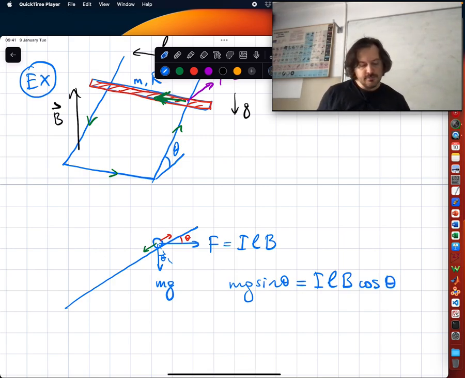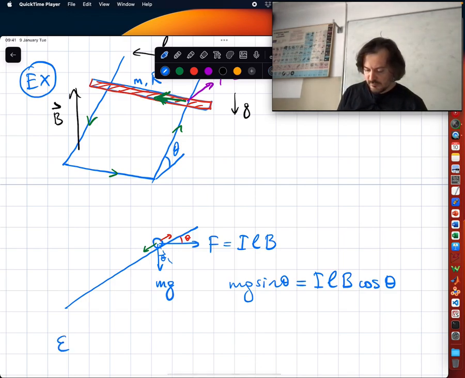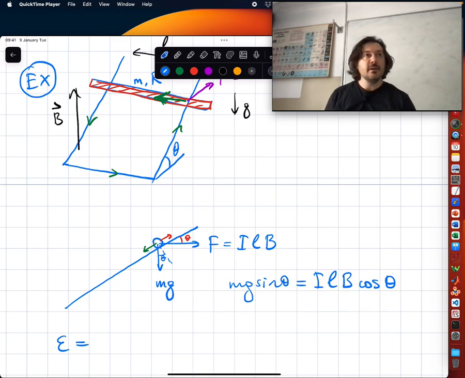But what is I? We need to find the current. To find the current, we need to know what is E, the EMF. The EMF for this case is d phi B over dt.